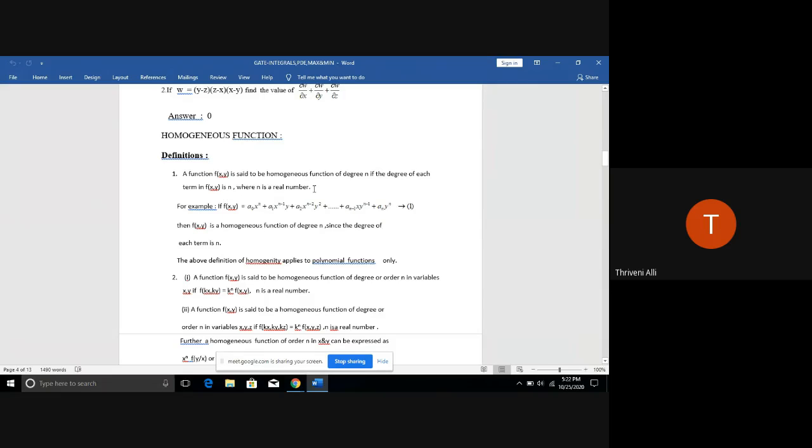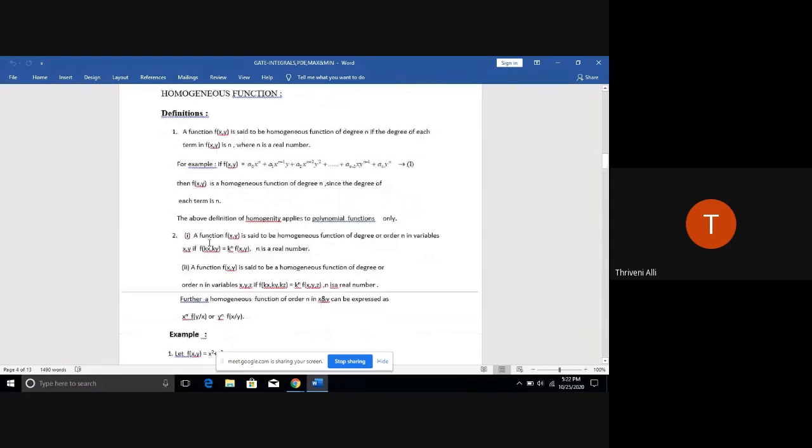So in shortcut, I'll say that suppose there is a function, if the right side expression contains equal powers, okay, separately. So next, a function is said to be a homogeneous function of degree or order n in variables x, y if f of kx comma ky equal to k power n into f of x comma y.